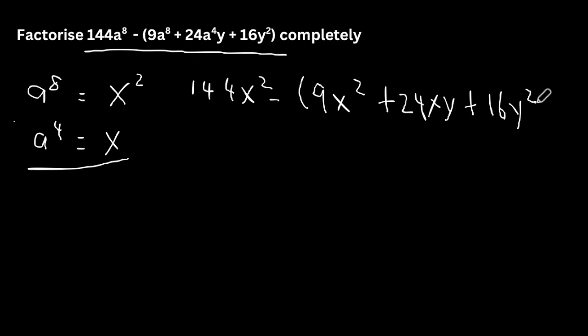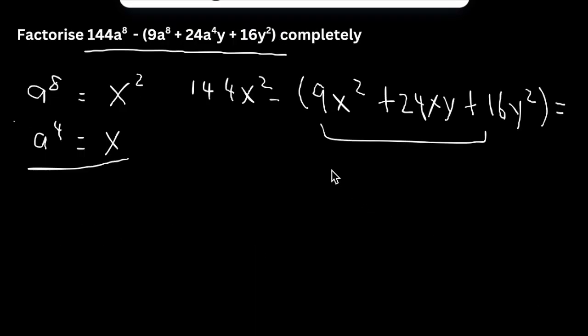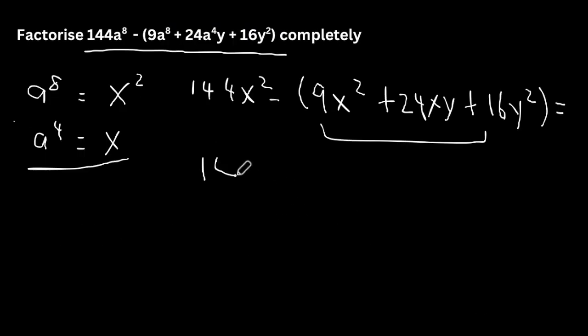And we know from the previous question that the answer for the last three terms is (3x plus 4y) squared. So let's do 144x squared minus (3x plus 4y) squared.